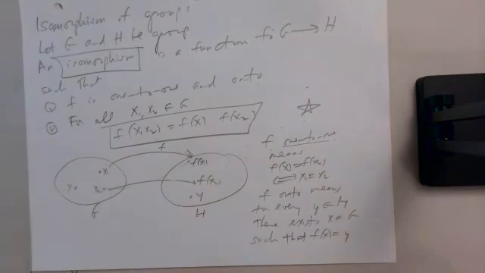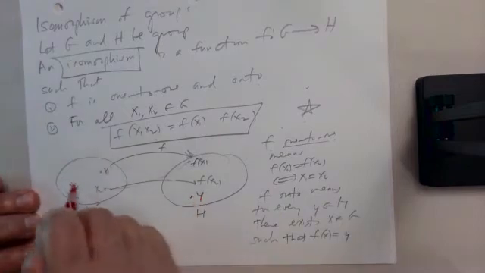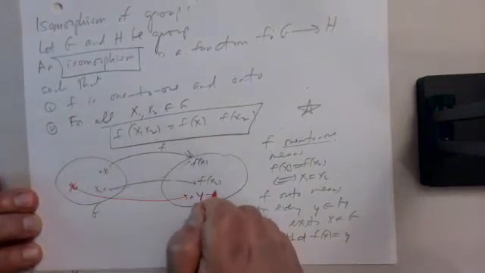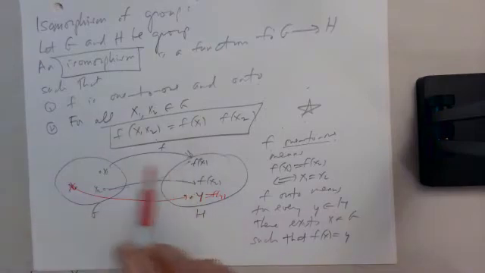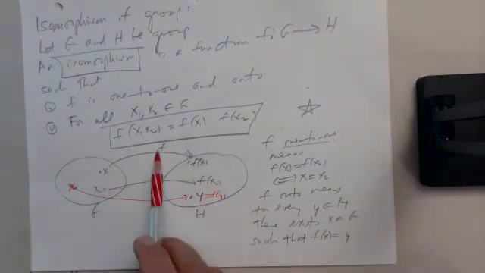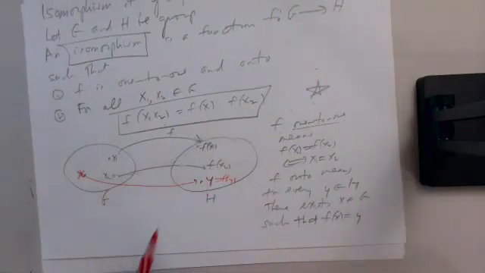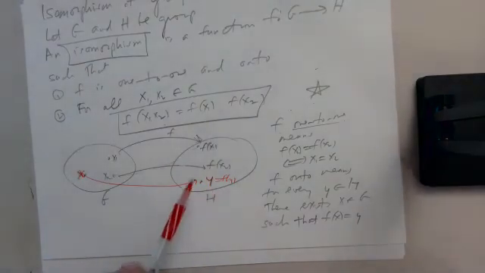There's some element x in G that gets sent to y. So you can hit everything in H from something in G under this function f, and any two elements in G get mapped to two different elements in H.